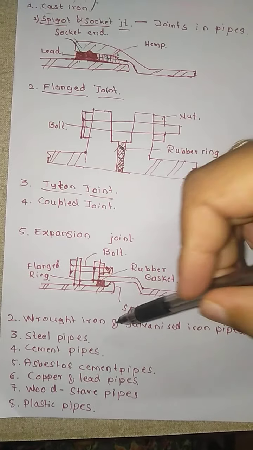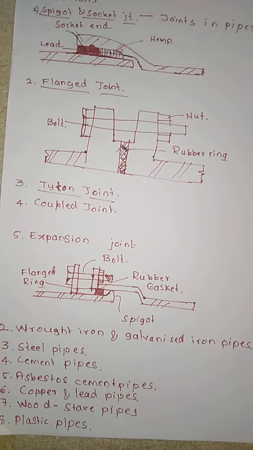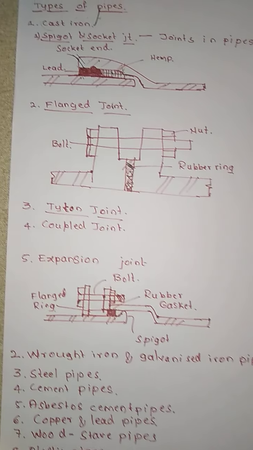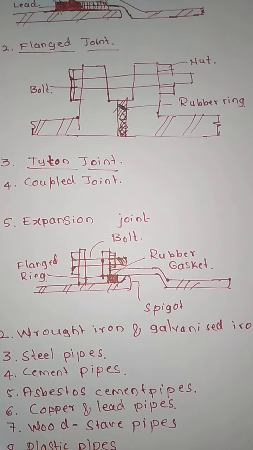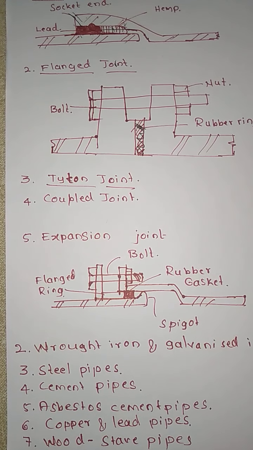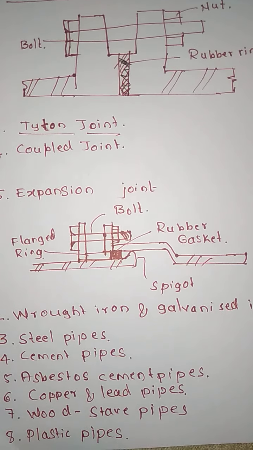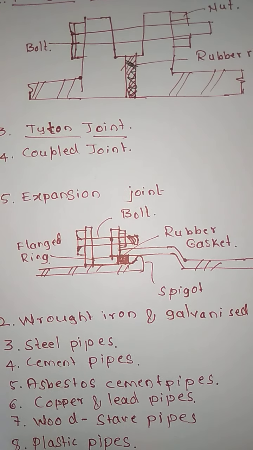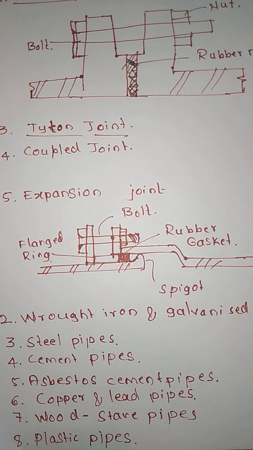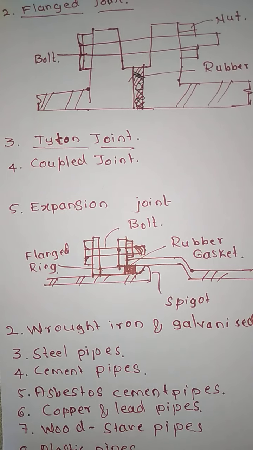Next we will be seeing the wrought iron, that is the second type here. We will be seeing the wrought iron and the galvanized pipes. The wrought iron pipes are manufactured by rolling flat plates of wrought iron to proper diameter, and these are welded at the edges. Such pipes are much lighter than the CI pipes, and they can be more easily cut, threaded, and worked.